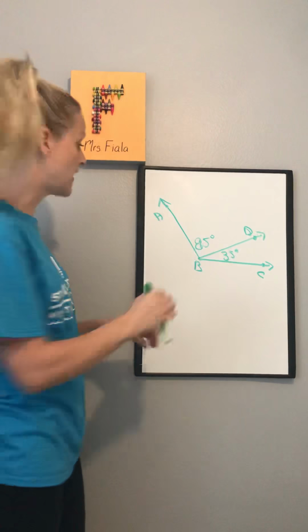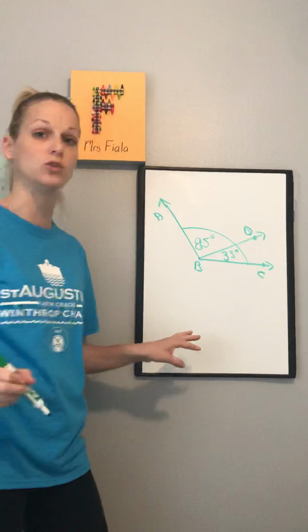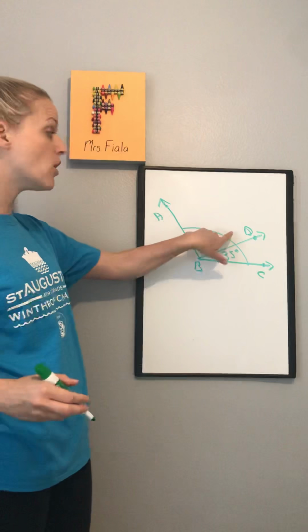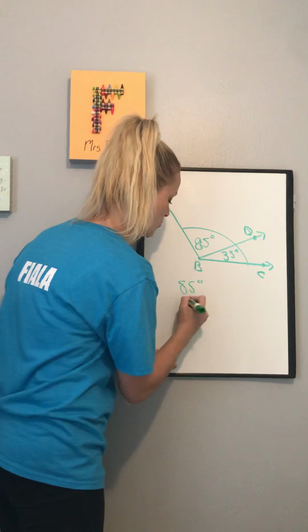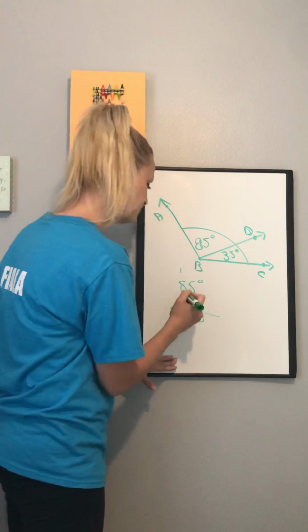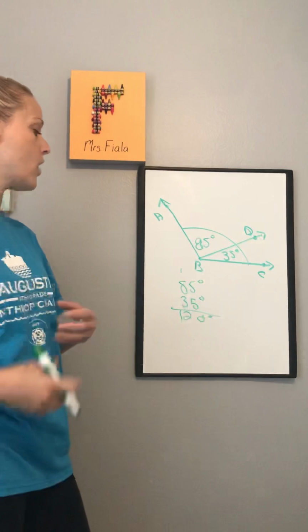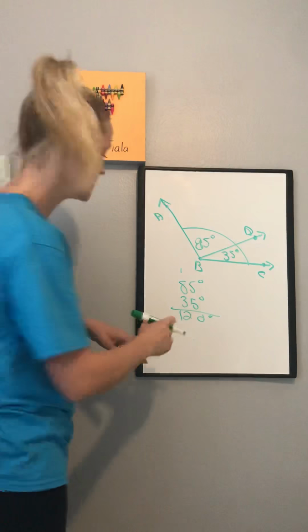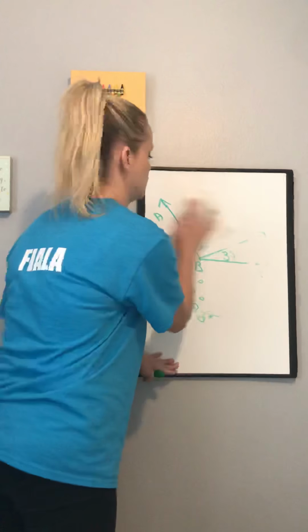I want to know the measure of angle ABC. I want to know the total of the big angle. If you do not know the total, you add the two angle measures, 85 degrees plus 35 degrees, and I get 120 degrees is the total of the whole angle. Okay? So that is adding and subtracting to find your missing angle measures, okay?